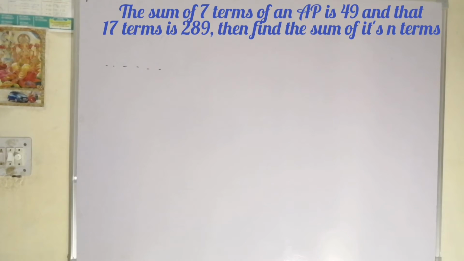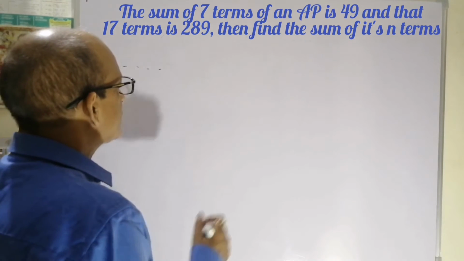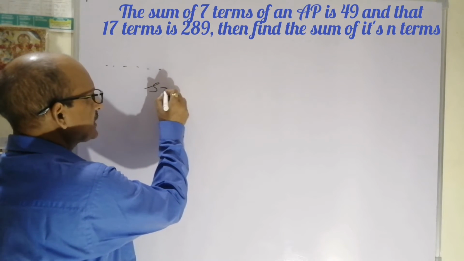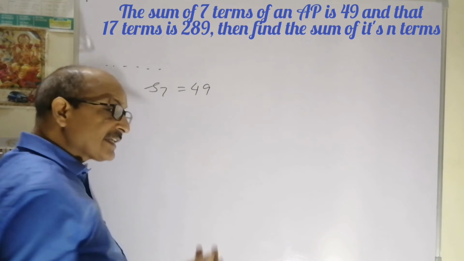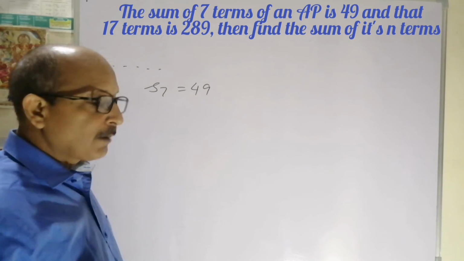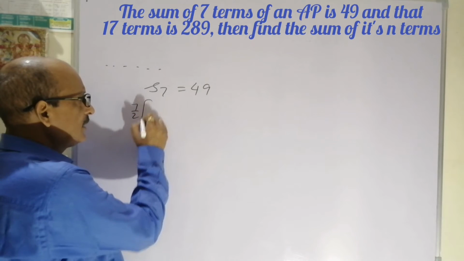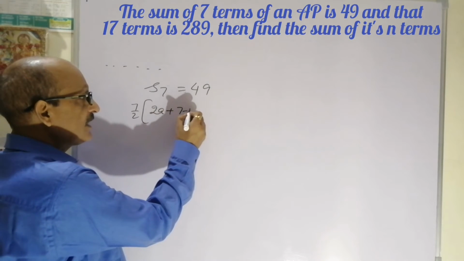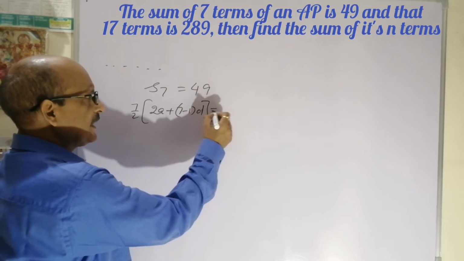The question is: the sum of 7 terms of an AP is 49 and the sum of its 17 terms is 289. Find the sum of first n terms. So the question is hereby S7. S7 is equal to 49. S7 means, again apply the formula, 7 by 2 into 2a plus 7 minus 1 into d, that is 49.